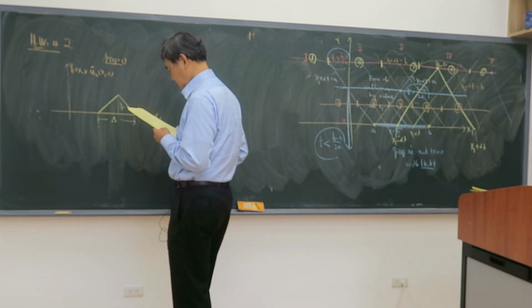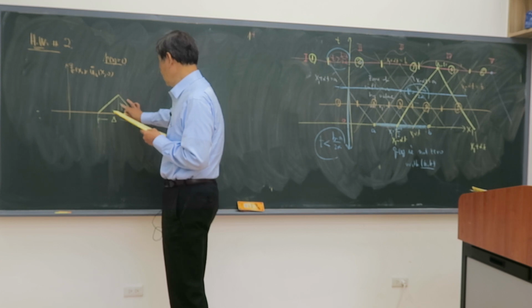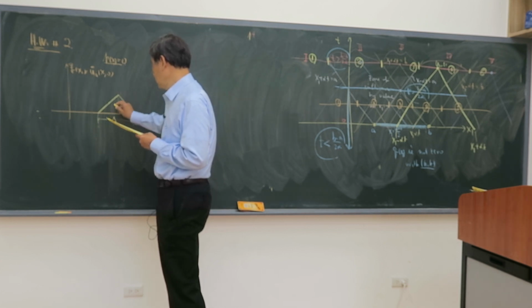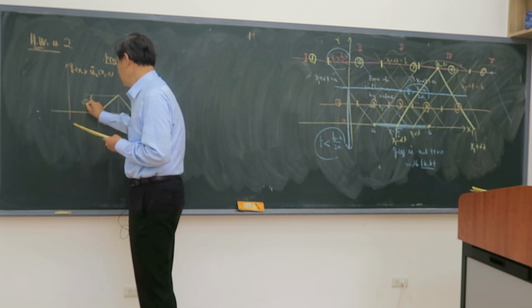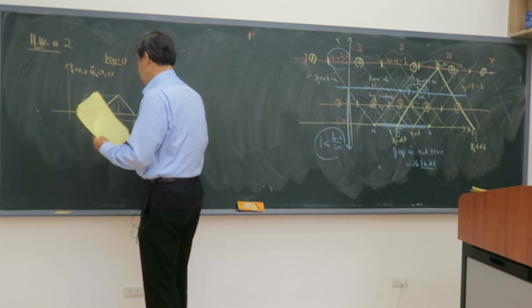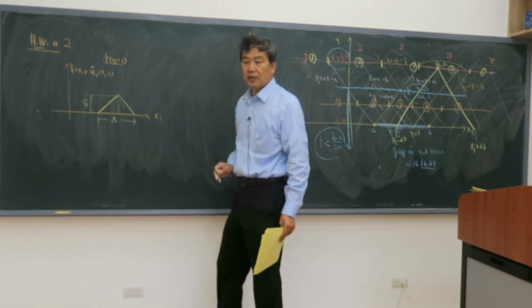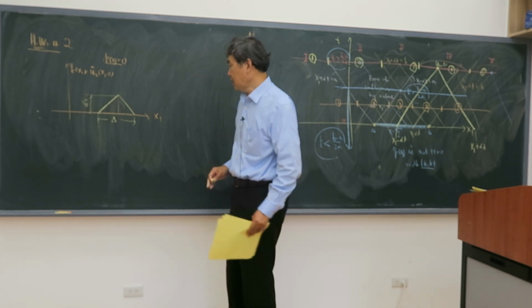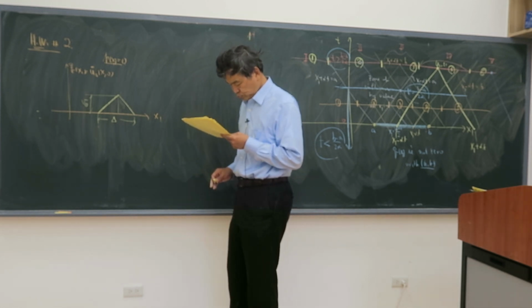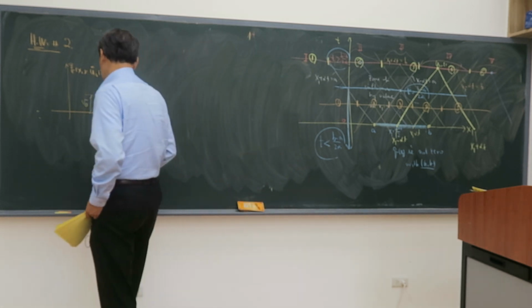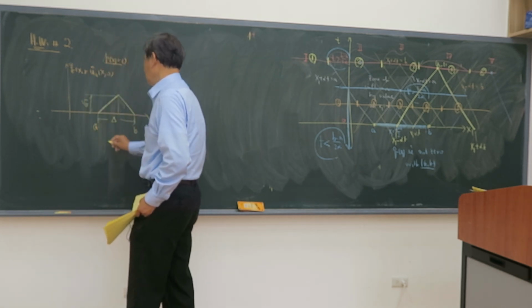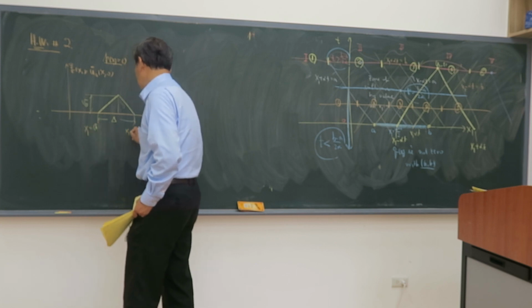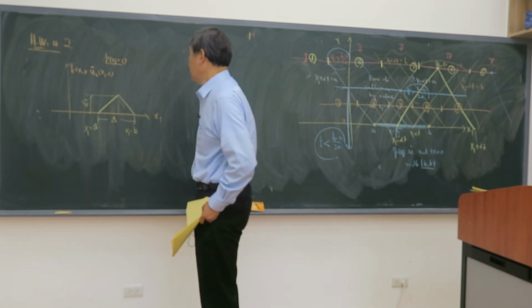I give you this height, we call it V0. Okay, and this is the interval delta. I give you this shape. Okay, and this is at A, and this is at B. Okay, and this is the velocity distribution.